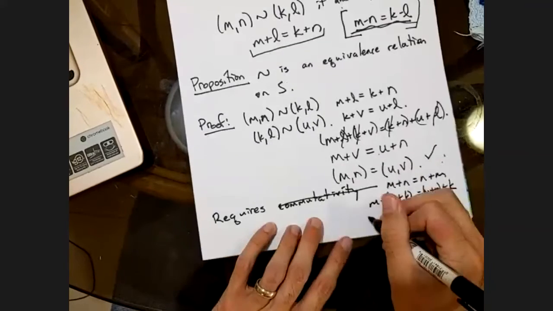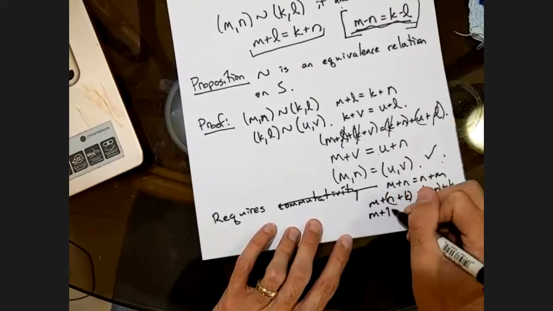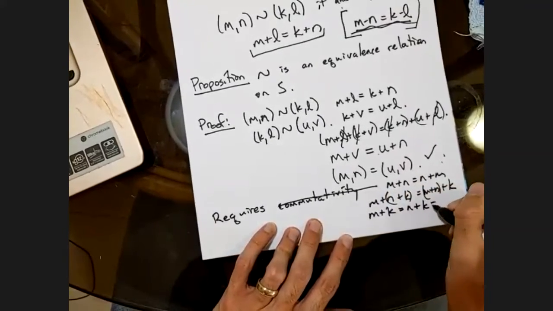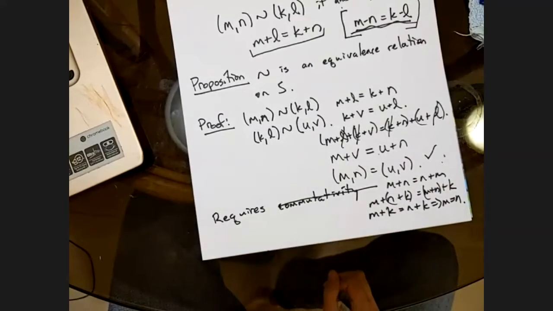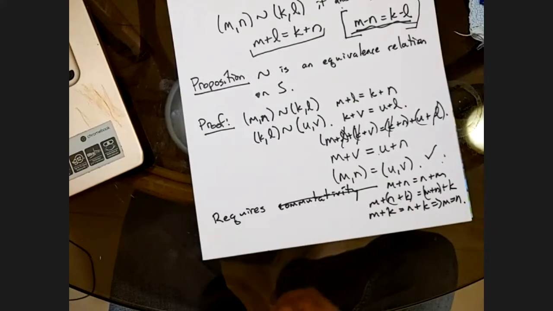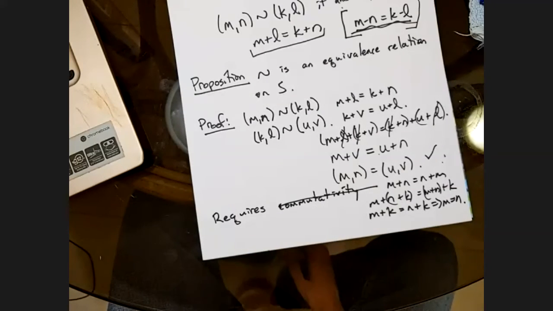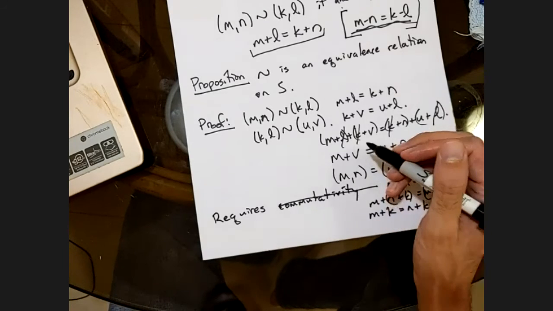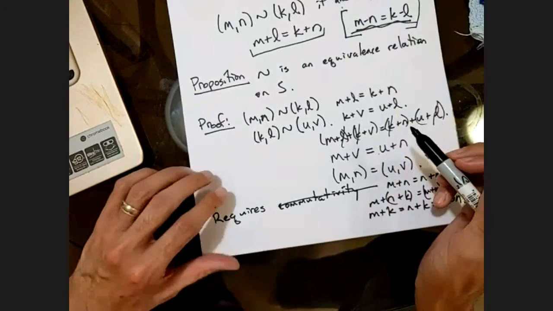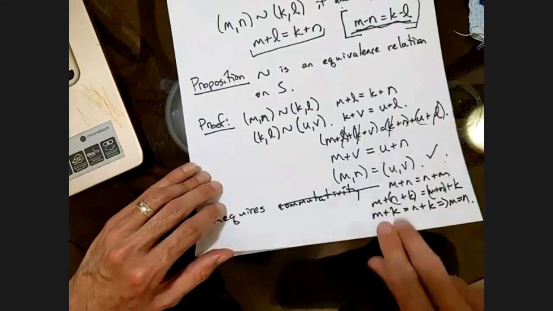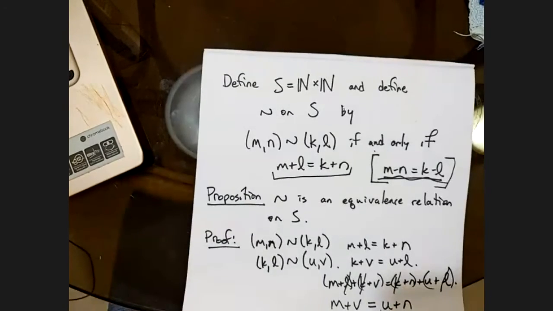It also requires the fact that M plus K equals N plus K implies M equals N. These are all things that you can prove in the usual way by induction. And once you prove all the required properties, you can prove this property of the integers. So once you have an equivalence relation, now you have something to work with.